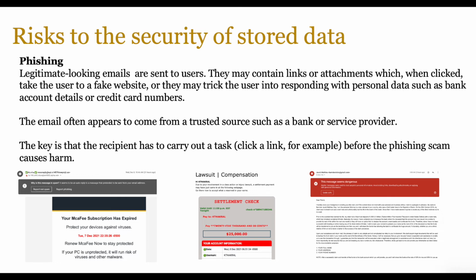The key is that the recipient has to carry out a task, click a link, for example, before the phishing scam actually causes harm. Now, these are genuinely very easy to detect. You can look at the source email, look at the kind of information that's in there, whether you're being pressed for time, and you can avoid putting yourself at risk to these type of phishing scams.